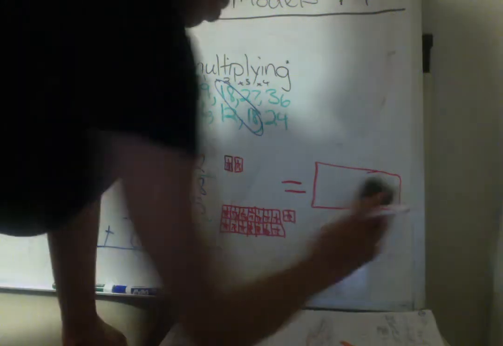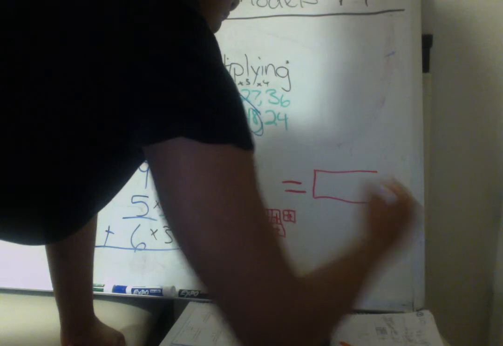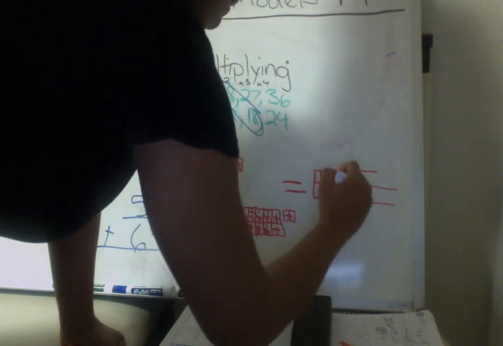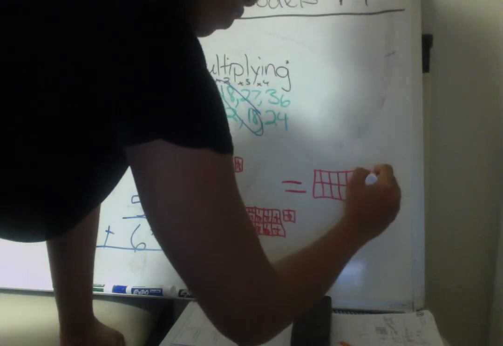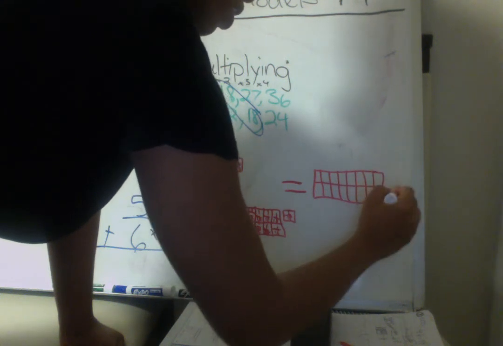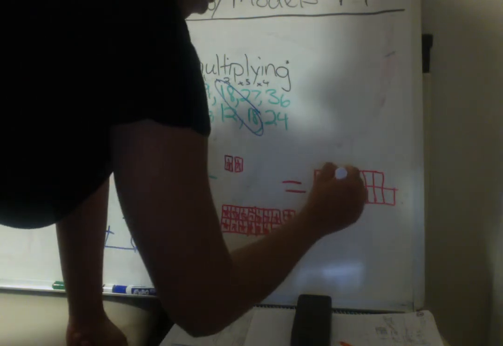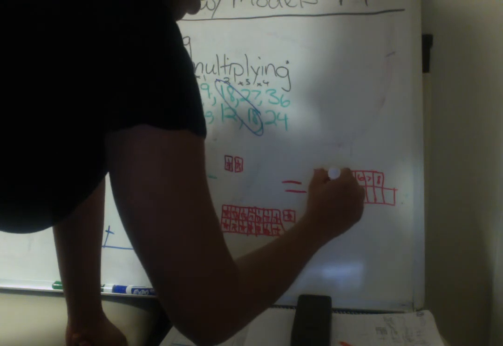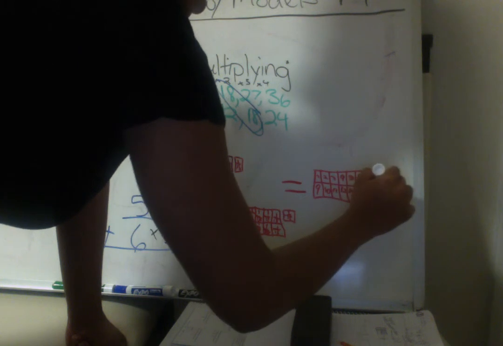And again, make it even. 2, 4, 6, 8, 10, 12, 14, 16, 17. 1, 2, 3, 4, 5, 6, 7, 8, 9, 10, 11, 12, 13, 14, 15, 16, 17.